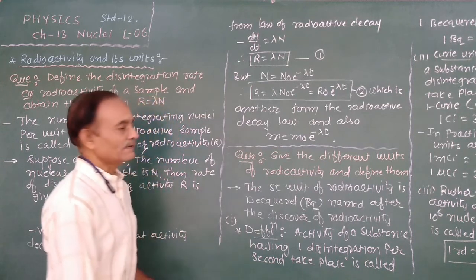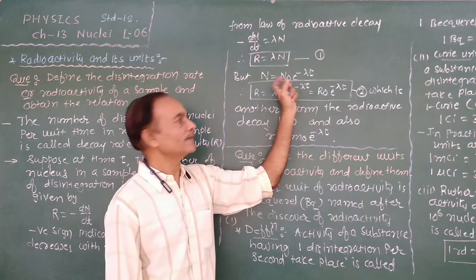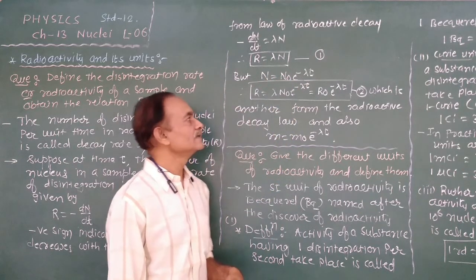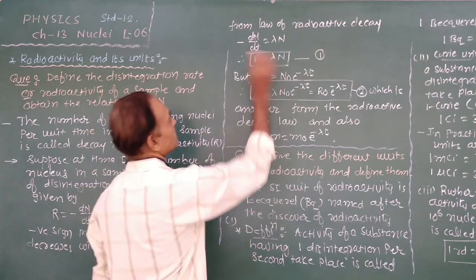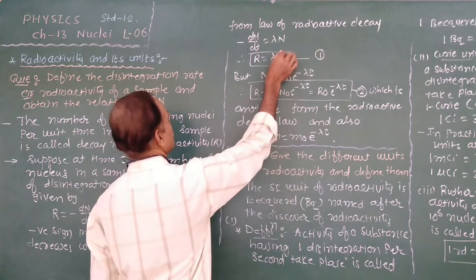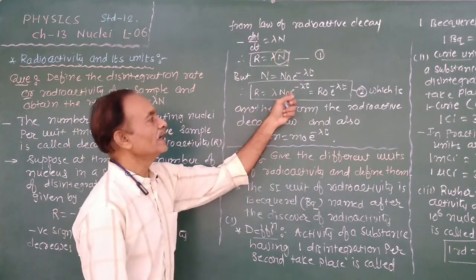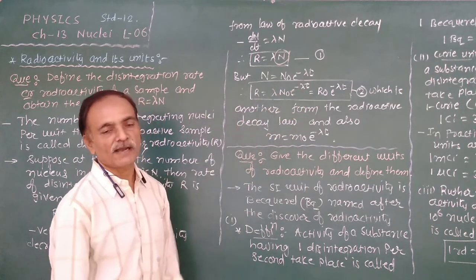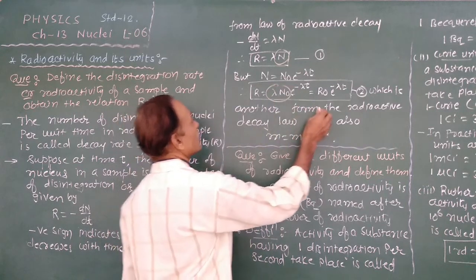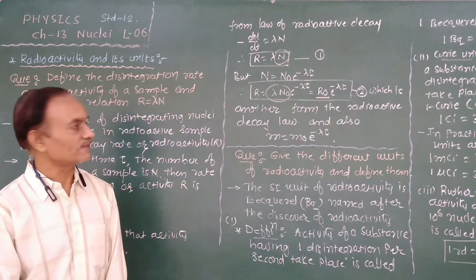Right? But we know the exponential law of radioactive decay, N is equal to N0 e^(-λt). Here we substitute the value of N. Therefore, R is equal to λN0 e^(-λt). This λN0 is a constant, that means the initial activity of the substance.